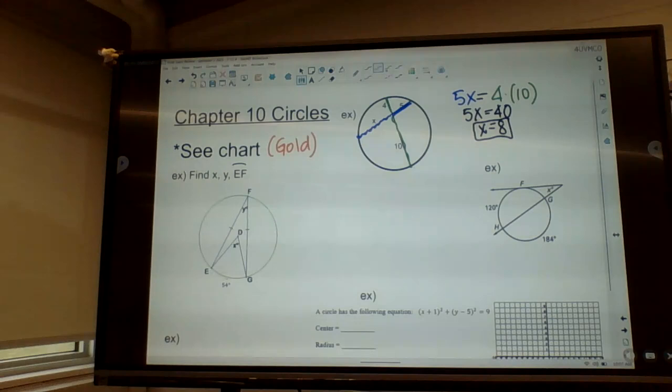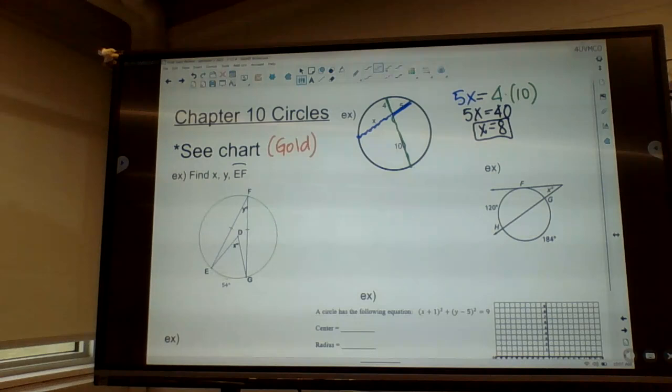And then they want us to find the measure of arc EF, which is on the edge. So EF would be over here. Now they give us these 2 little marks that tell us that those are the same. So I call this M. This would also be M over here. And then they give me this little 54. I know that all the arcs in a circle should add up to 360.